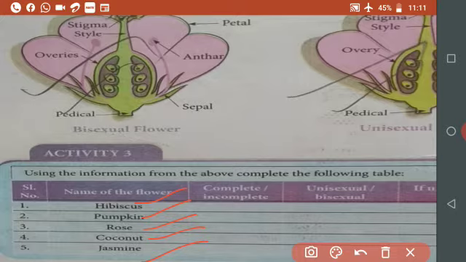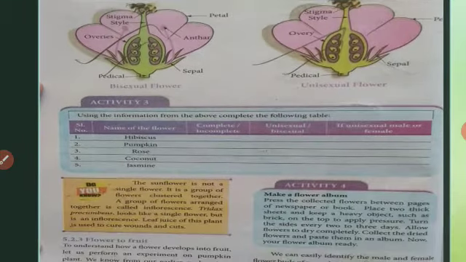You can say whether each is a complete or incomplete flower, and whether it is unisexual or bisexual. Just see the activity and collect the answer.